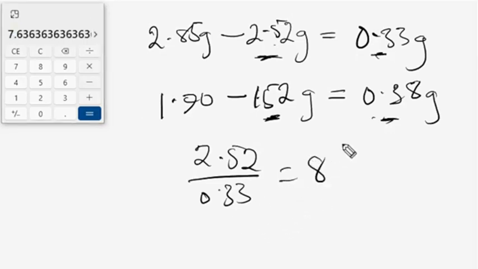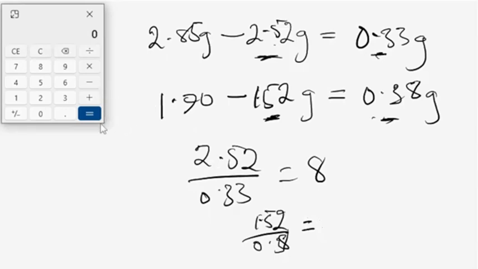And then for the next one, we'll have 1.52, which is the mass of the copper, over 0.38. So that's 1.52 over 0.38, which is 4.